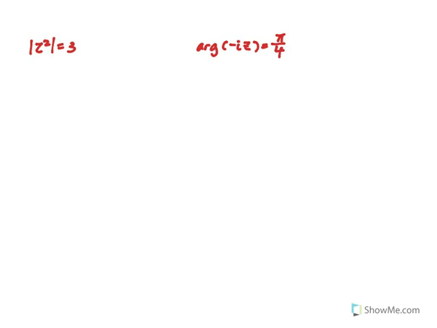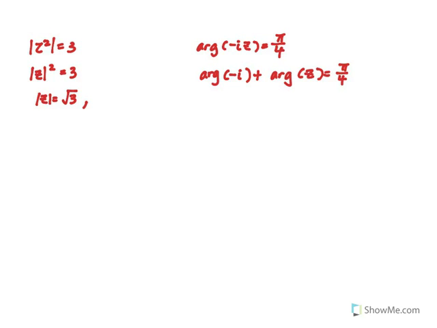Because the modulus of z squared equals 3, by your properties it just means that the square of the modulus is also equal to 3. This just means that the mod of z equals square root 3. The argument of negative i z is the same as the argument of negative i plus the argument of z, which equals pi over 4. The argument of negative i, this is the negative y-axis, is equal to negative pi over 2.